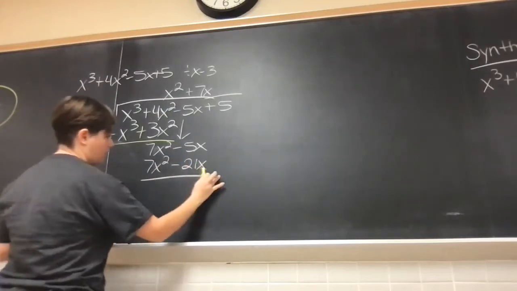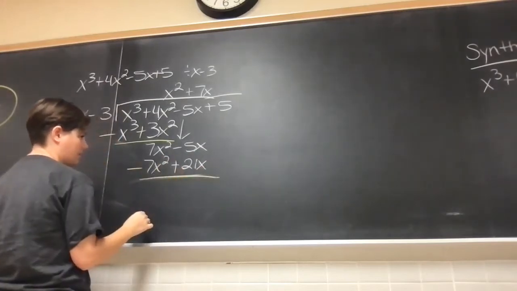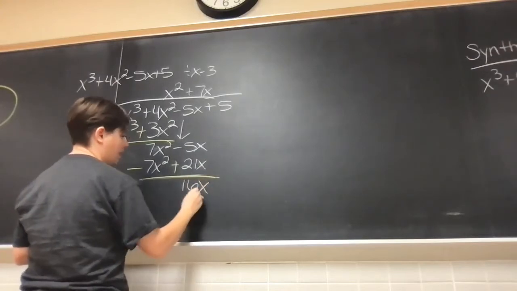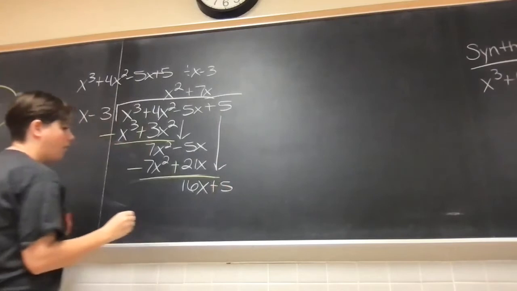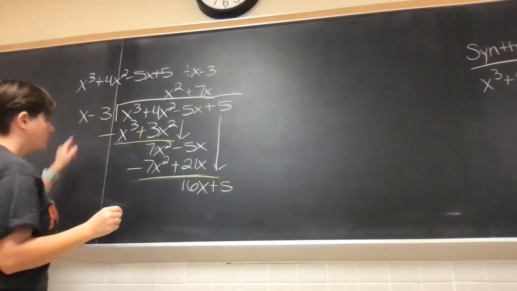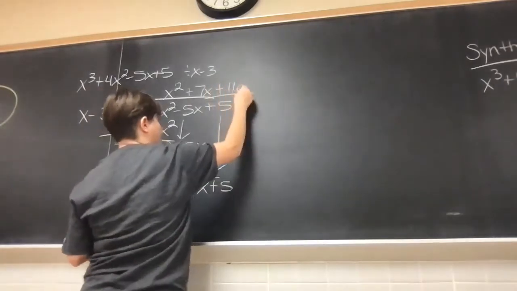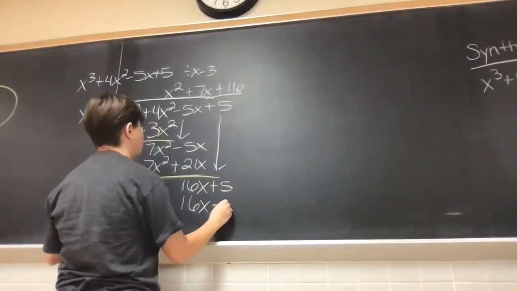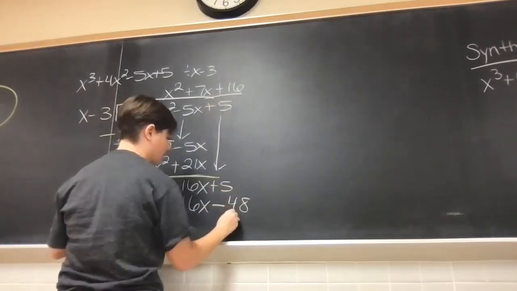Oops. Not that it really matters. Draw my lines, change my signs. So I have 16x. I need to bring down my plus 5. So x needs to go into 16x. That'll be plus 16. 16x minus 48.